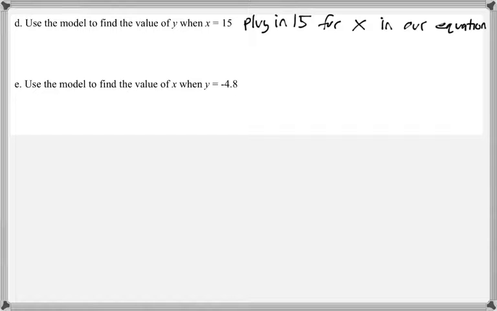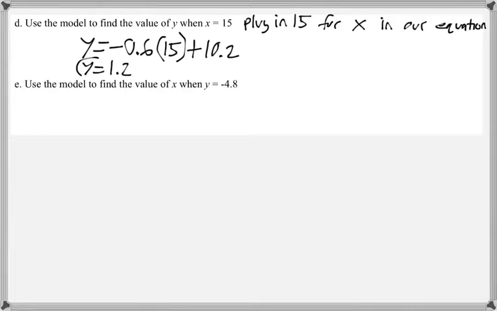So our equation that we made was y is equal to negative 0.6x plus 10.2, and I know what x is, it's 15. So if I calculate that, then y is going to be equal to 1.2. And that'll be our answer.